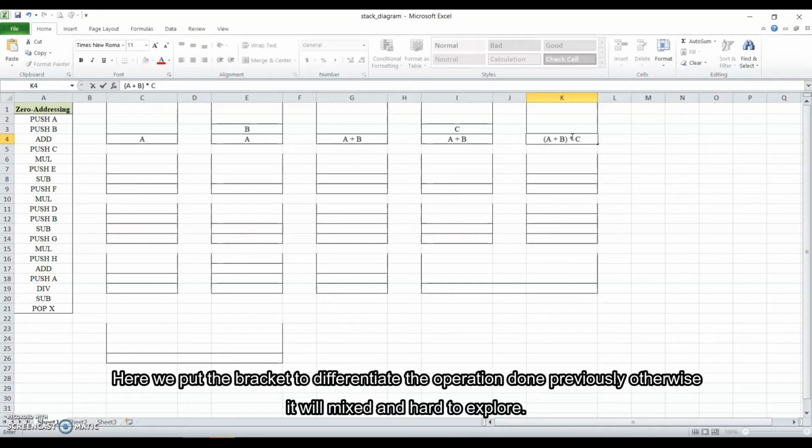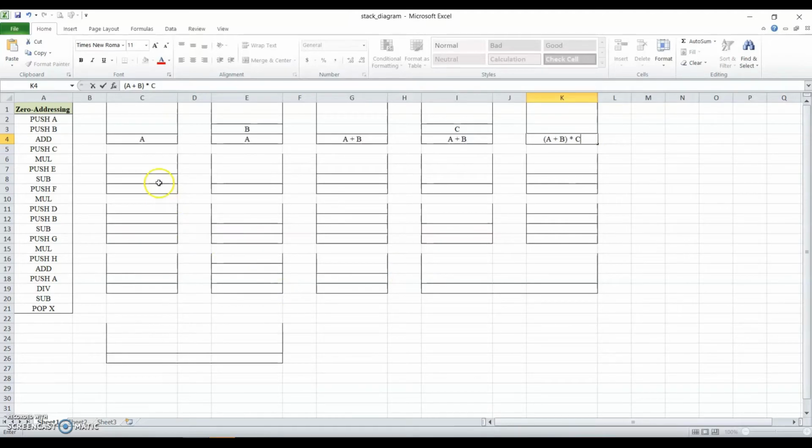Here we put the brackets to differentiate the operation done previously, otherwise it will mix and be hard to read. Then we push the value E, and then we subtract it.